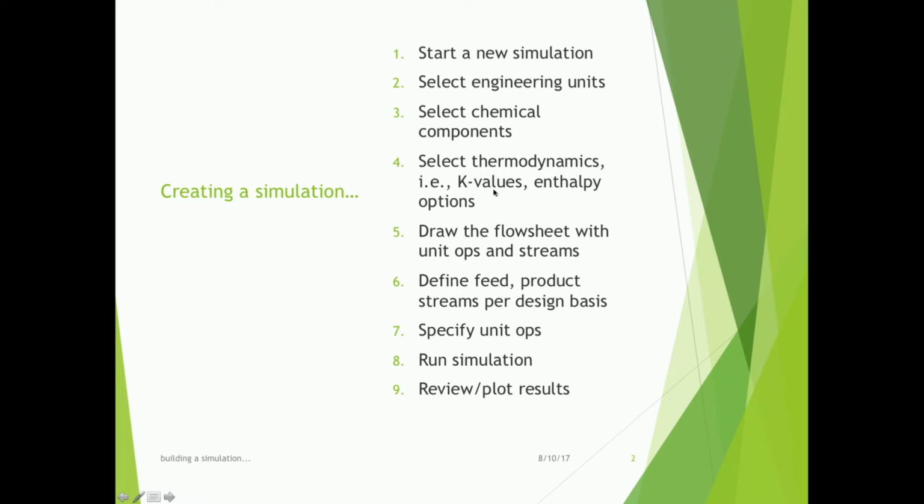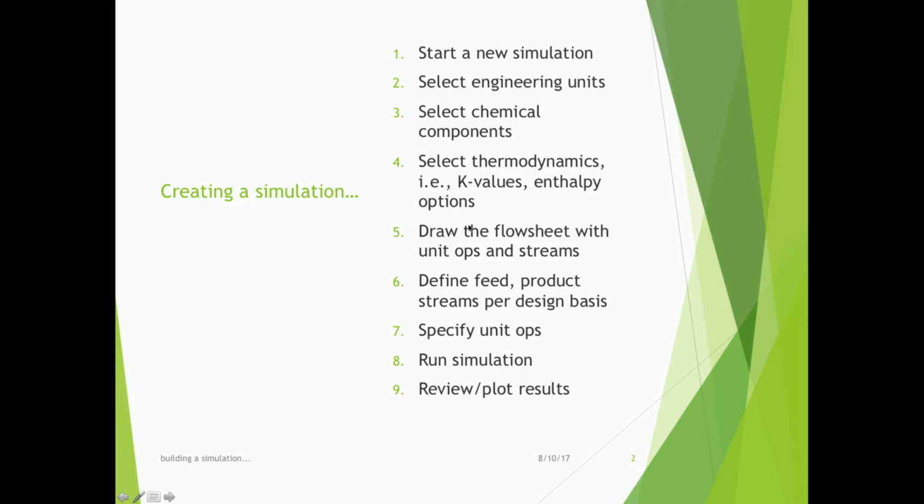Step number 4 is to figure out what thermodynamics package you would like to use for your particular problem. It could be K values, it could be enthalpy options, but you're going to have to pick 2 things. You're going to have to pick how you're going to compute the thermodynamics equilibrium, either activity coefficient or K value, and you will have to pick how you're going to describe the enthalpy of the system.